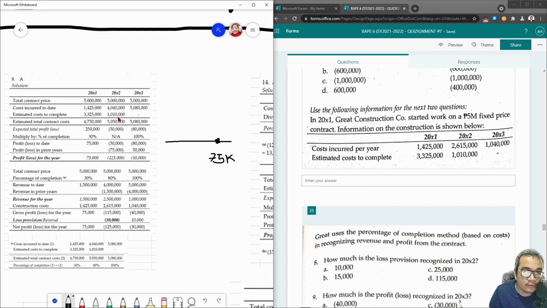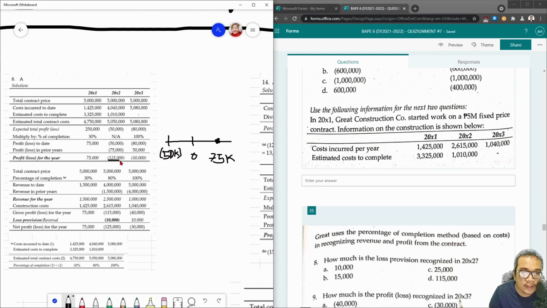Pagdating ng 20x2, anong nangyari? Nag-recognize ka ng, or nagkaroon ka ng 50K loss. So, in the table, or in the line, basic math to, graphic, basic algebra. 0 to. Meron ka ng 50K loss. From being 75K na profit, naging 50K loss na siya. Kawawa ka naman.